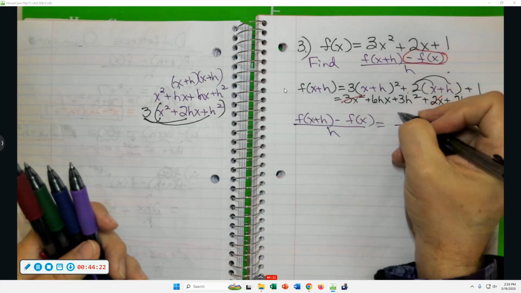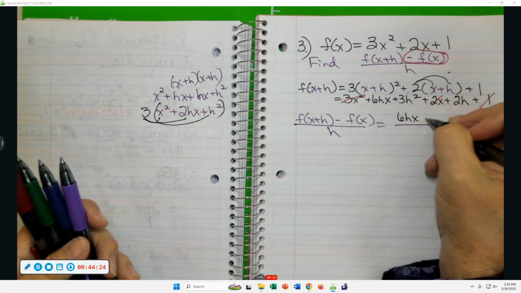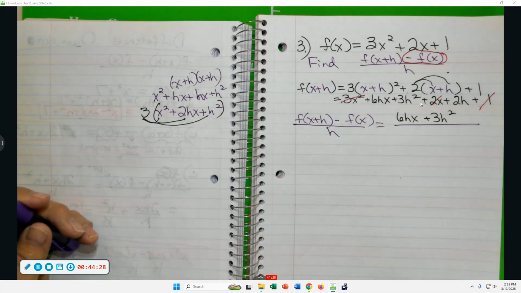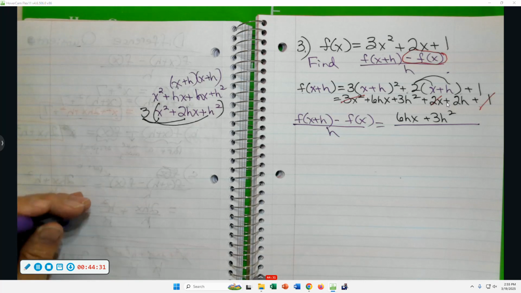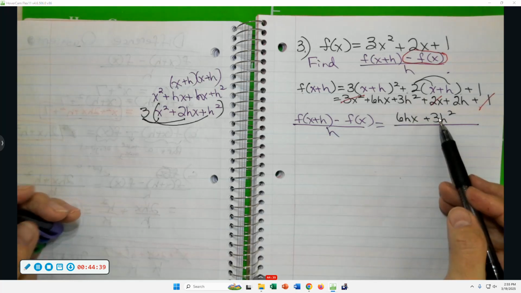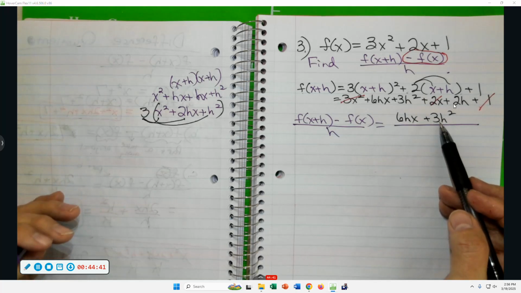So what have we got? We have 6hx plus 3h squared. What else was left? What else do we have left from f of x plus h minus f of x? We have the 6hx, the 3h squared. Anything else?